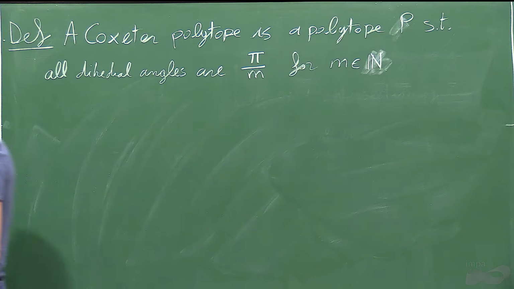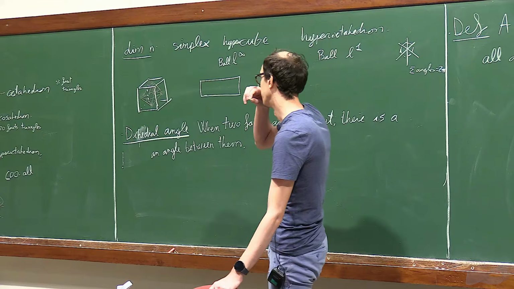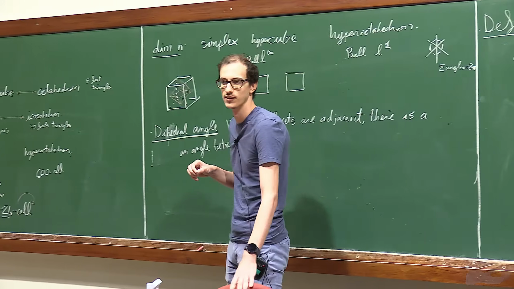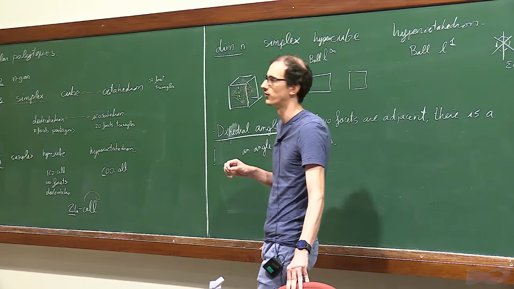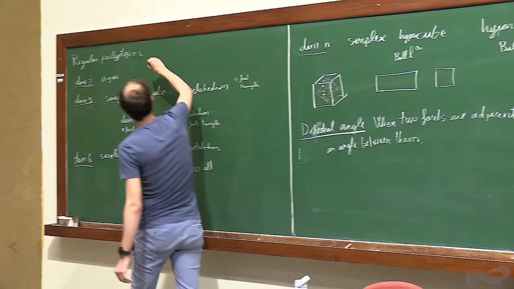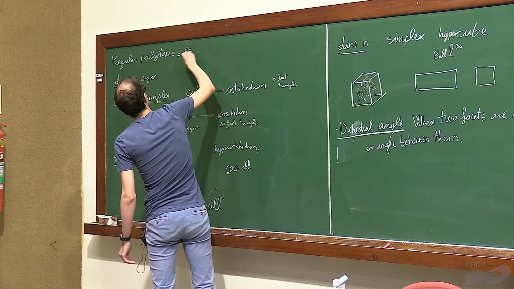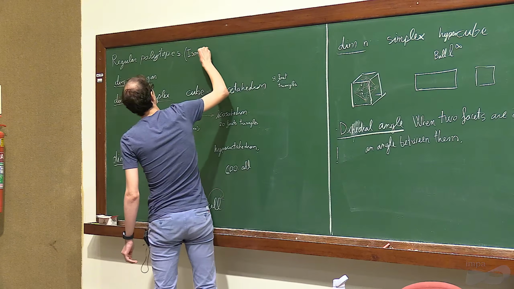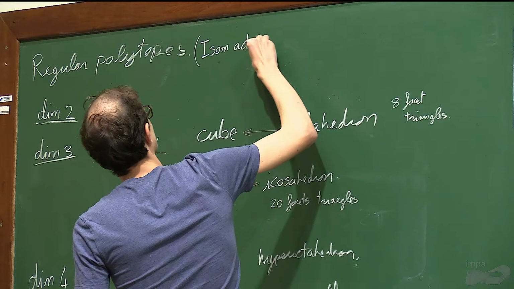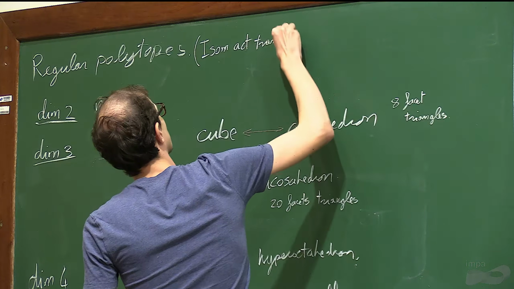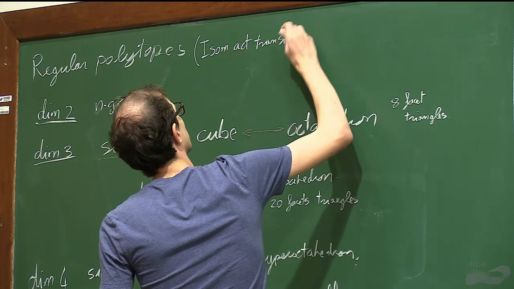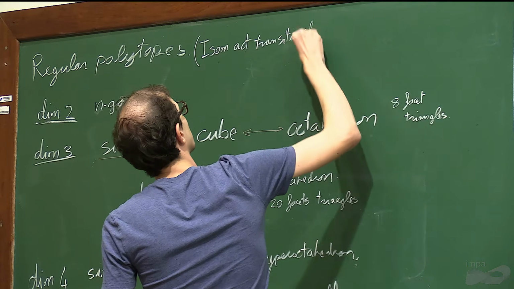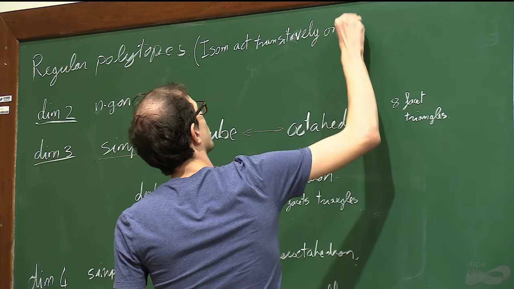Okay, first let me make a correction, because it was pointed out that I gave a definition in a rush and it's wrong. So regular polytopes: the isometries act transitively on flags.